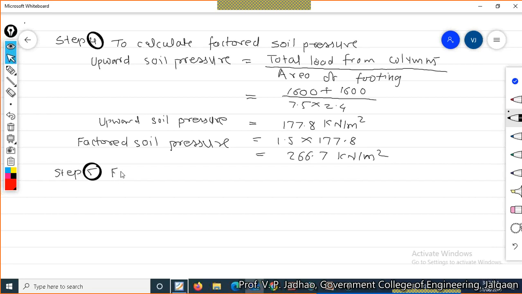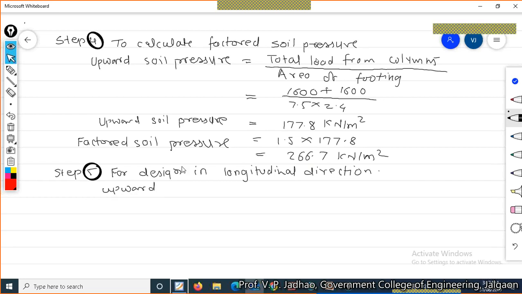So for design in longitudinal direction, upward soil pressure.